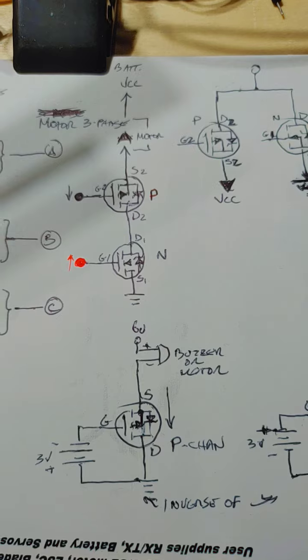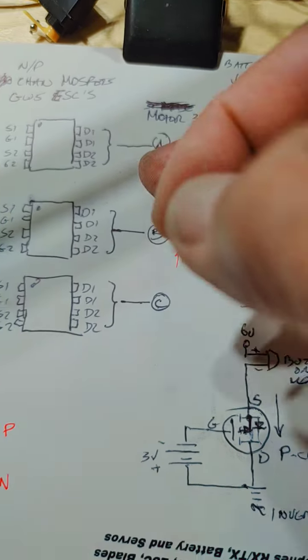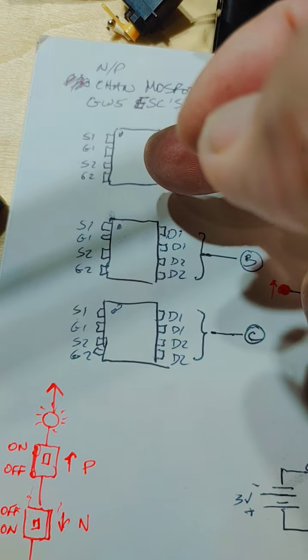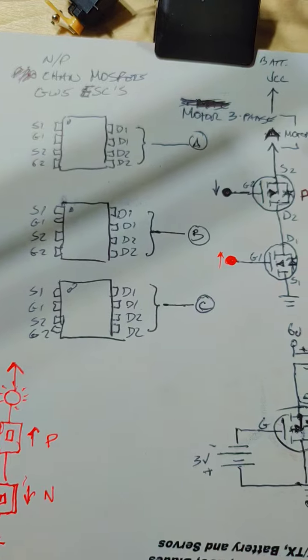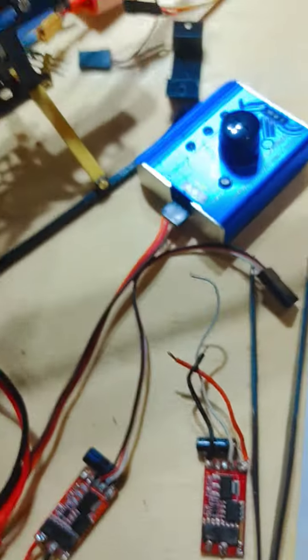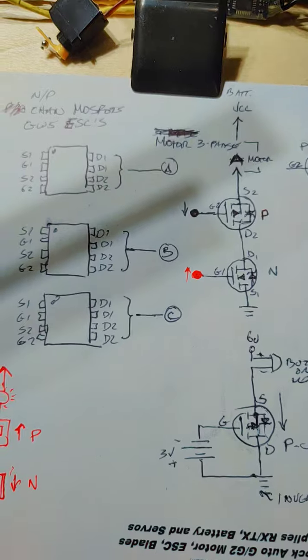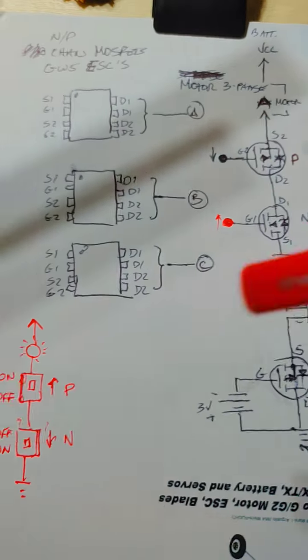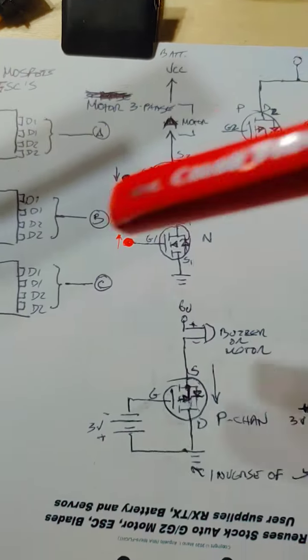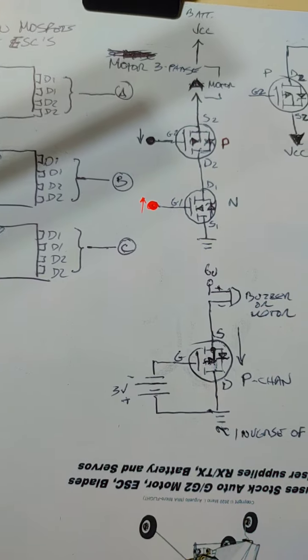That way I know which test points to look at, to measure, and to test, to make sure whether that MOSFET is good or bad. So these are the diagrams, this is the chart, and this is a very simple explanation of how the MOSFETs work.